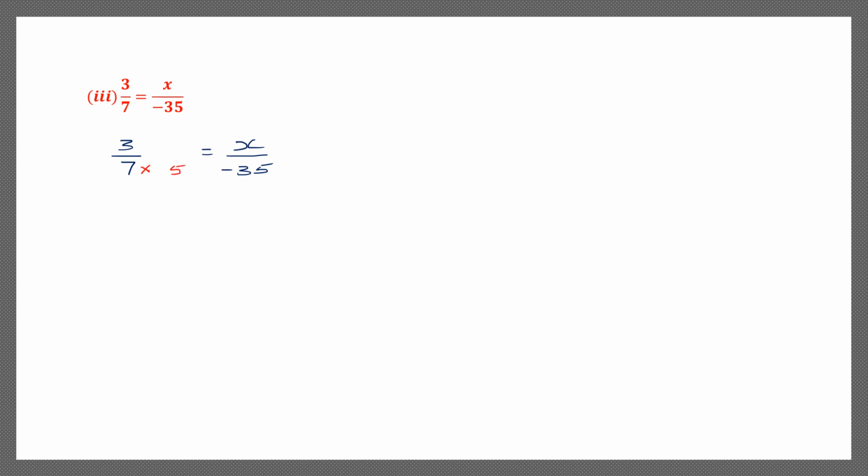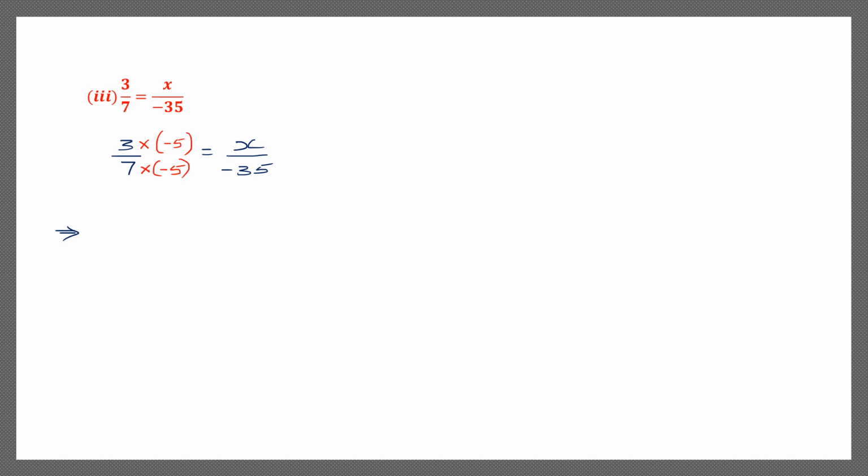7 5s are 35. But if you look, the answer has a minus sign. 7 doesn't have a minus sign. That means 5 should carry that minus sign. So let's give 5 that sign. So this becomes minus 5. So 7 into minus 5 is minus 35. Now multiply the numerator also by minus 5. So now let's see what we get here. So we have multiplied 3 into minus 5.